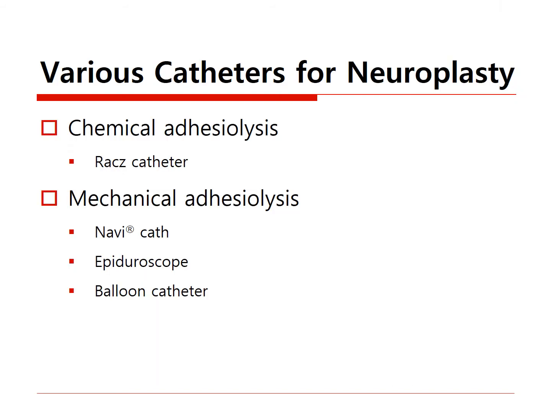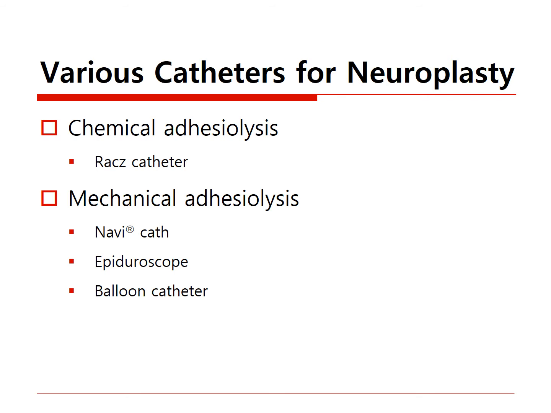Various types of catheters are used to perform epidural neuroplasty. Rex catheter can be used for chemical adhesiolysis using hypertonic saline or hyaluronidase. Rex catheter is stiff compared to the conventional epidural catheter, so there are opinions that mechanical adhesiolysis is possible on its own.